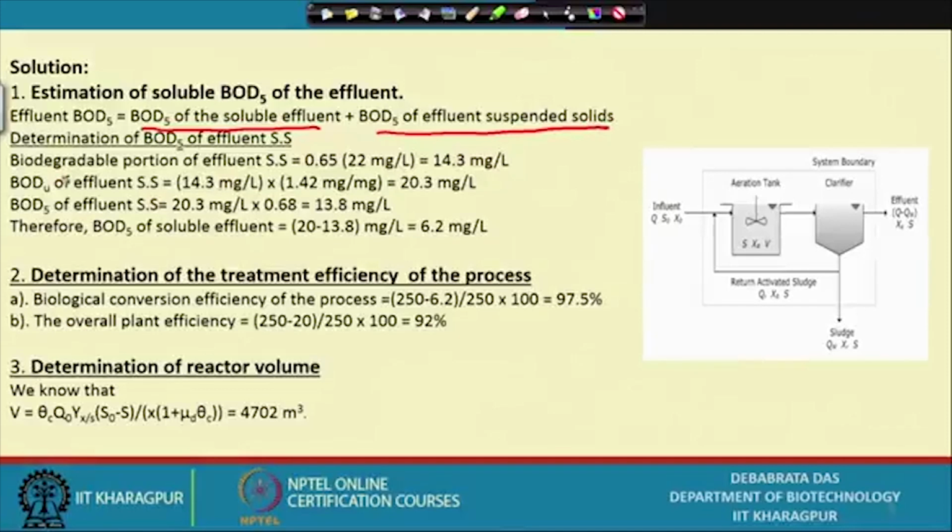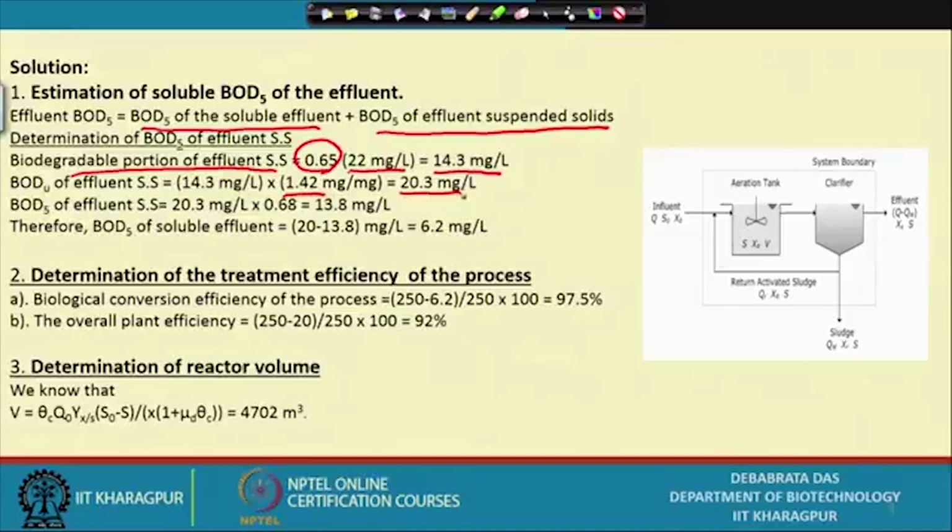Now, the biodegradable portion of the effluent: we have 22 milligram per liter of the biological solids, of which 65% is biodegradable. That means biodegradable organic matter is 14.3 milligram per liter. Now, we know that for the oxidation of 1 gram of biomass, we require 1.42 grams of oxygen.